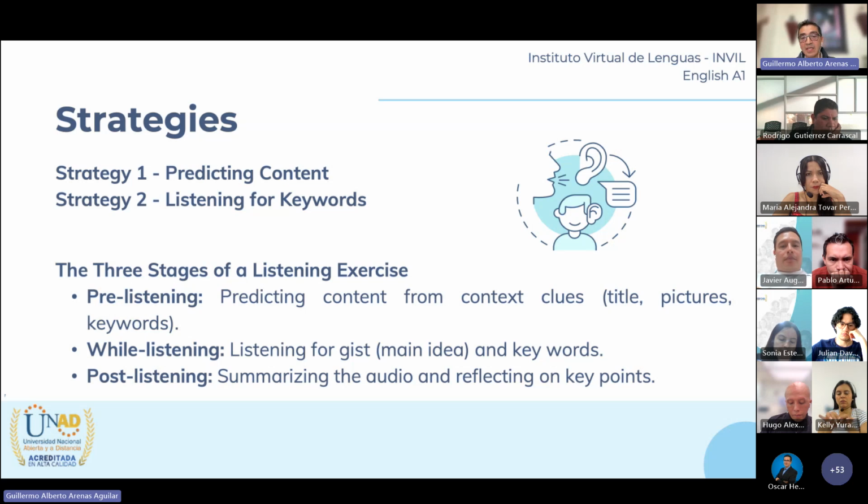So it's a good idea that they reflect on that. I'm suggesting you do this so they can learn a little bit about strategies on how to listen. So again, predicting content and listening for keywords while we do pre-listening, while listening, and post-listening exercises.